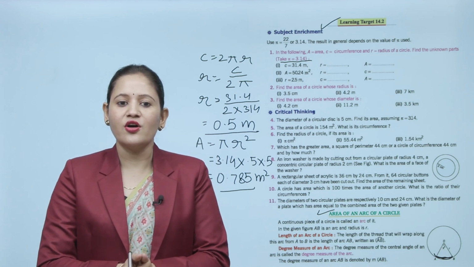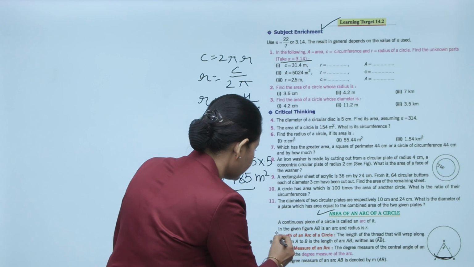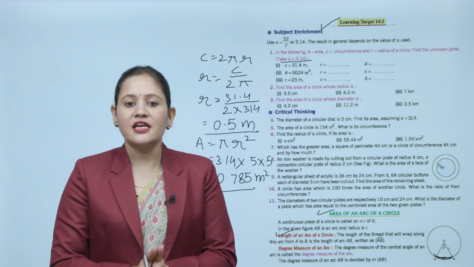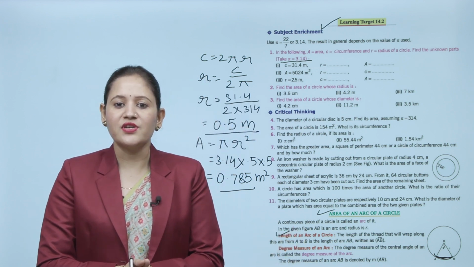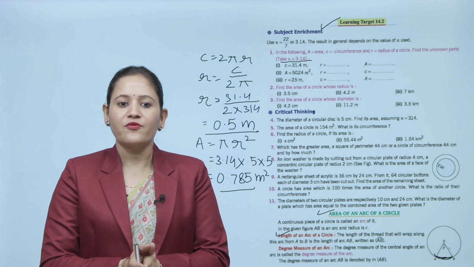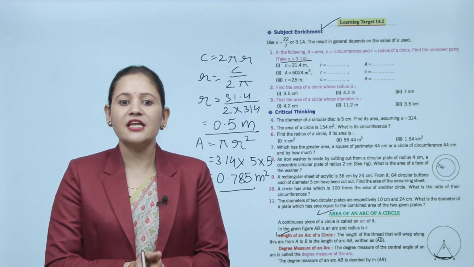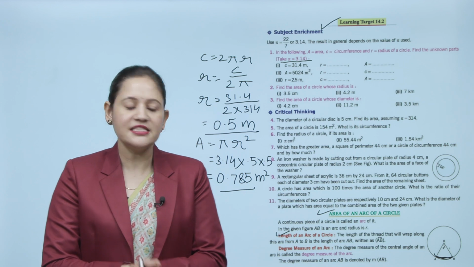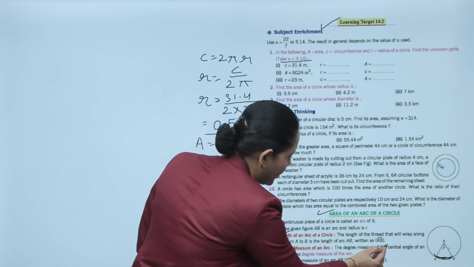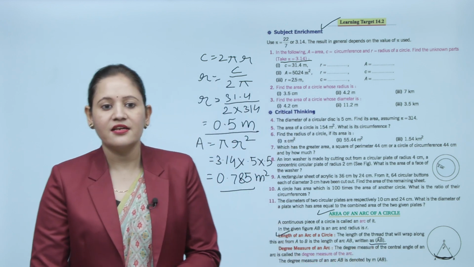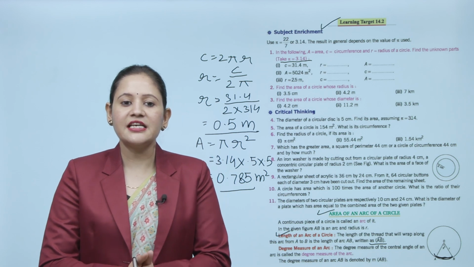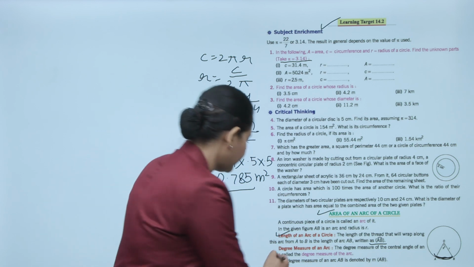Length of an arc of circle. The length of the thread that will wrap along this arc from A to B is the length of the arc AB, written like this. Clear?